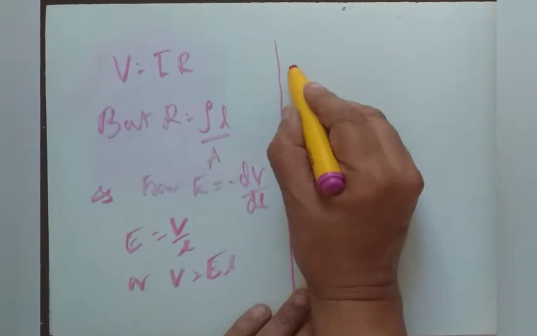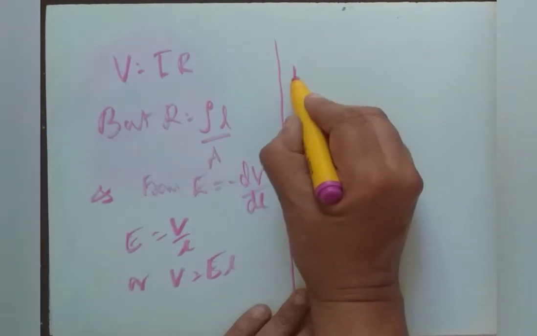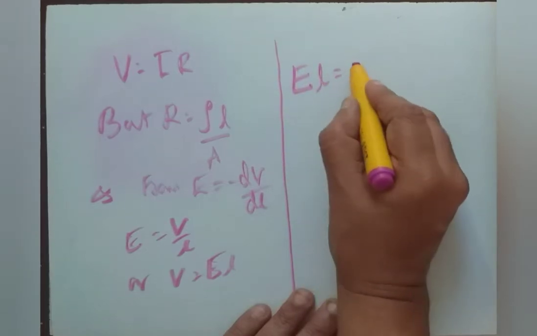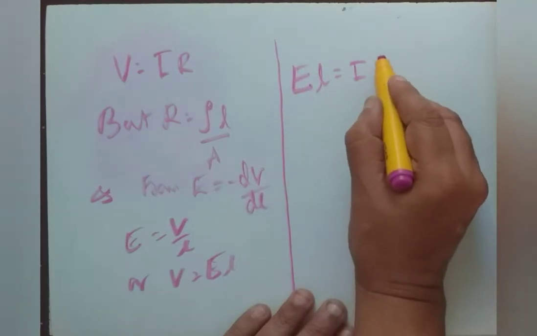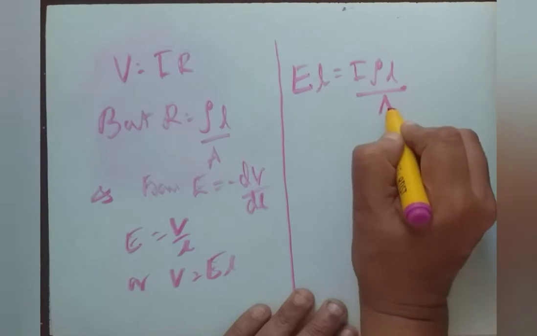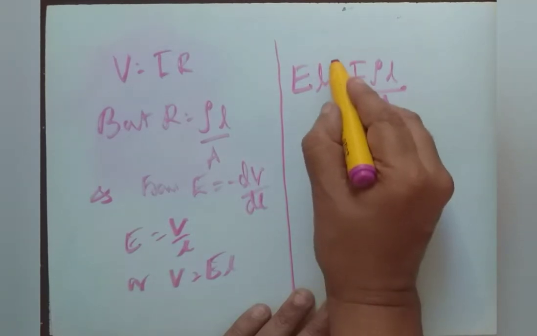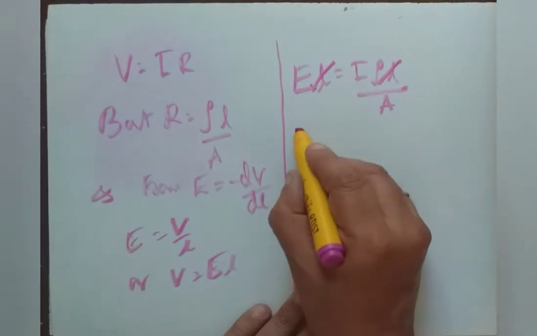Now we substitute everything: for V, EL; for R, rho L by A. But observe, we can cancel L there.